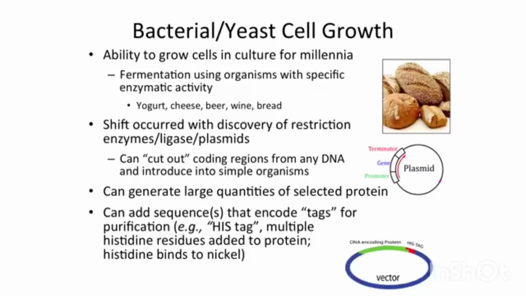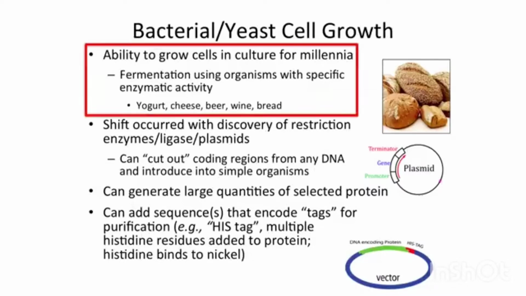So we have basically used organisms and the proteins they contain for literally millennia, for generations and generations. Fermentation using particularly yeast has gone on for years because there are specific enzymatic activities in yeast that release CO2, as in the rising of bread, or Lactobacillus that when you mix with yogurt they create a metabolized form of milk that is very edible and it lasts a little longer than uncultured milk.